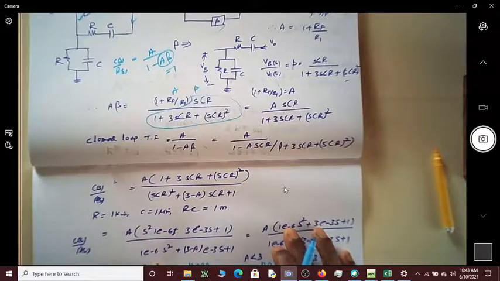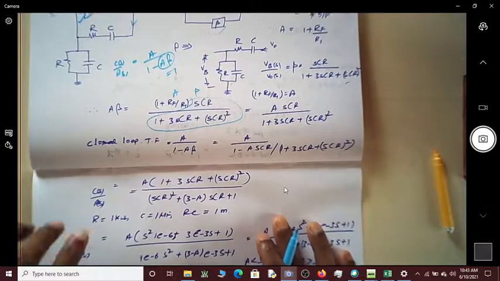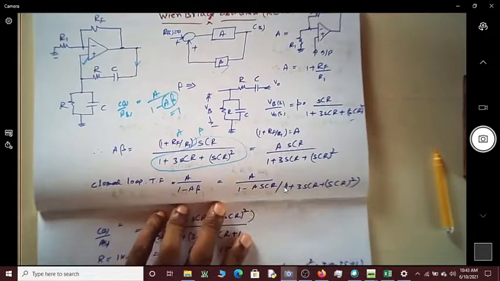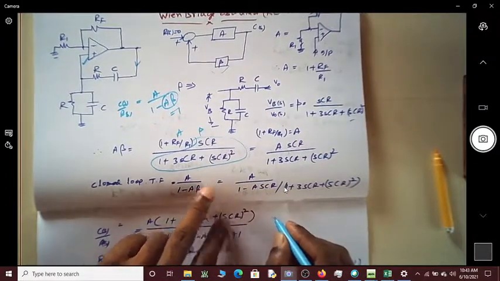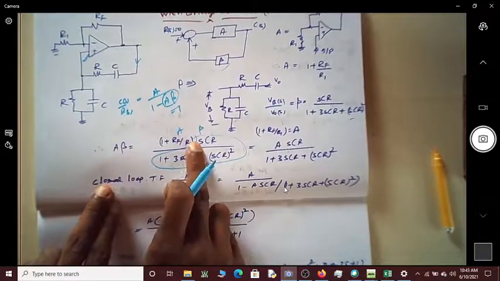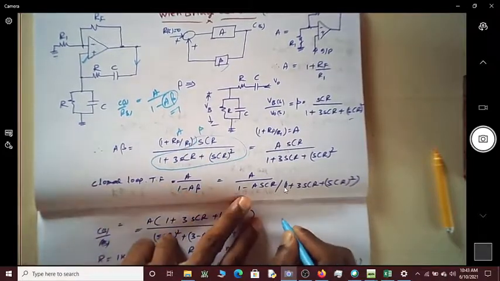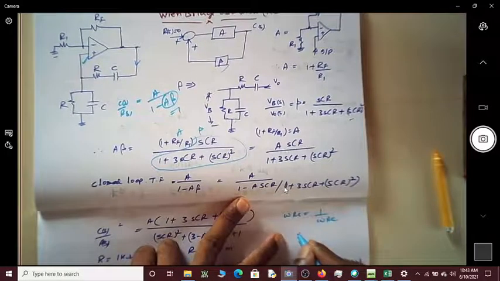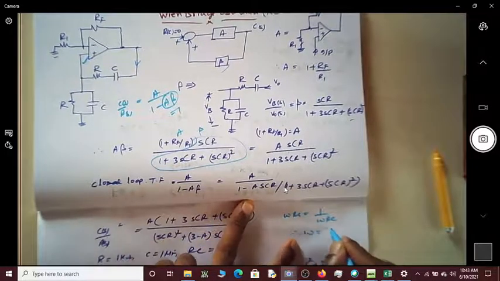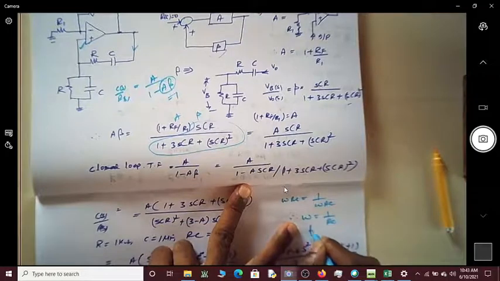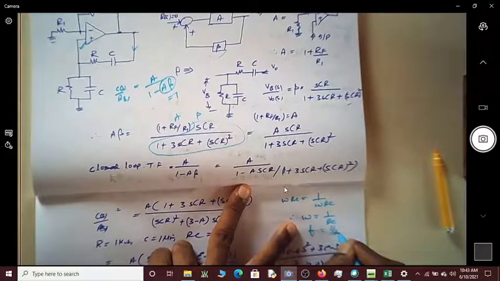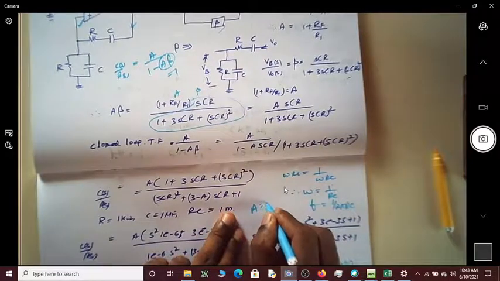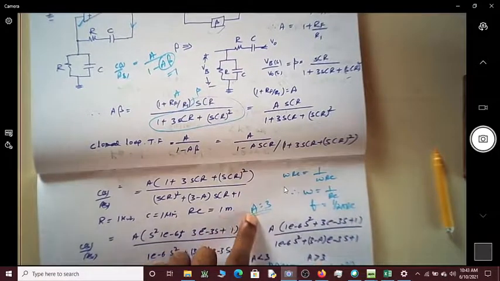We actually derived the condition for oscillation: A beta can become 1 only when omega RC is equal to 1 over omega RC, so that you can write omega is equal to 1 over RC. So the frequency of oscillation is 1 over 2 pi RC. This can happen only when A is equal to 3.